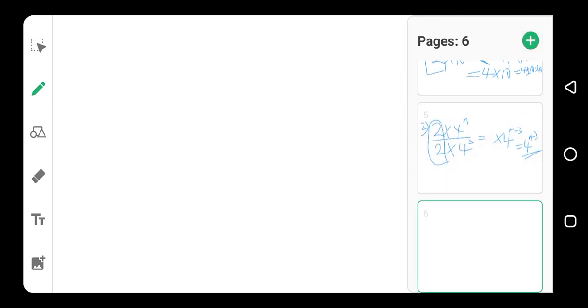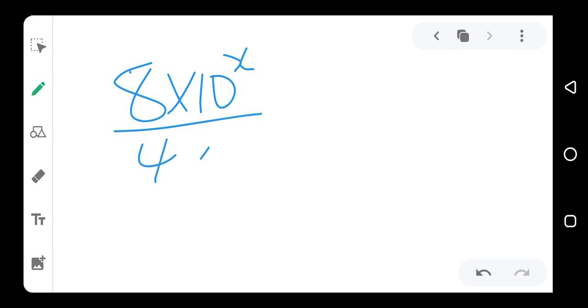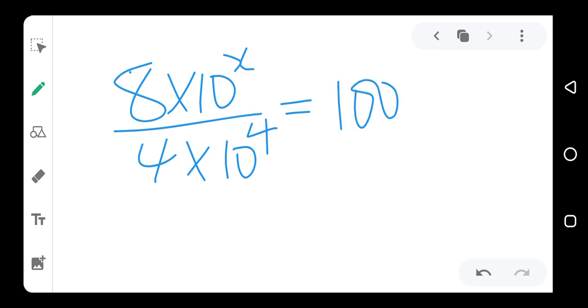Now, if we are given a question like this and we are asked to find the value of x, how can we do that?